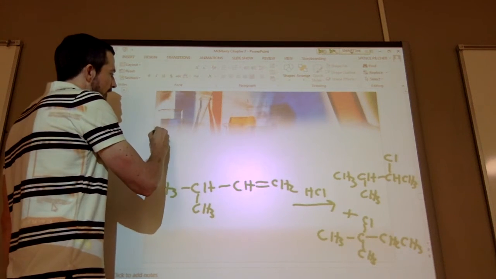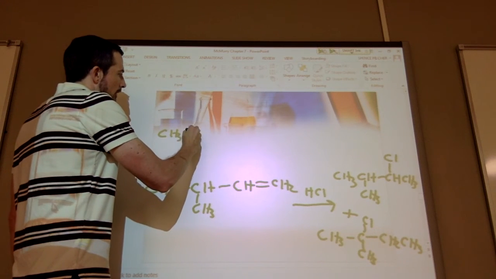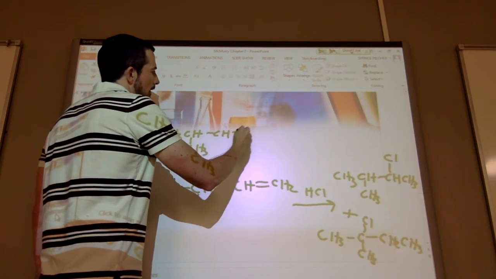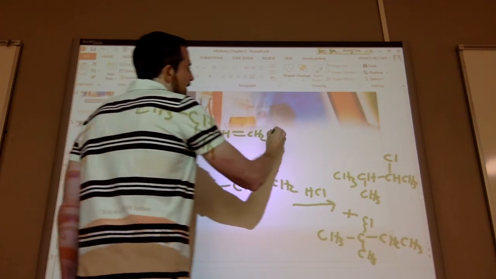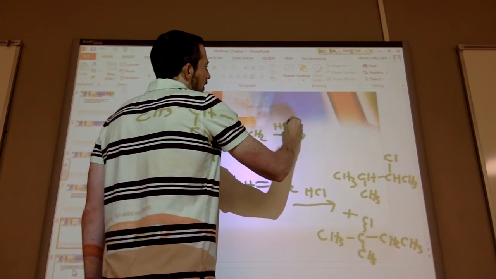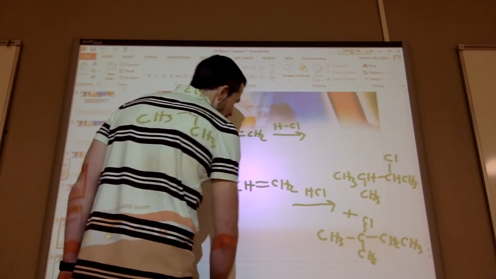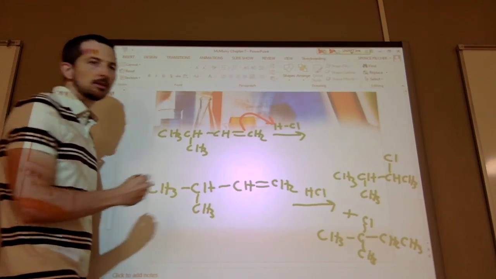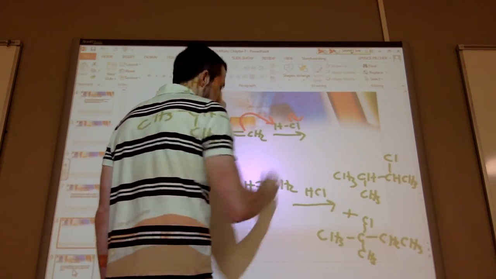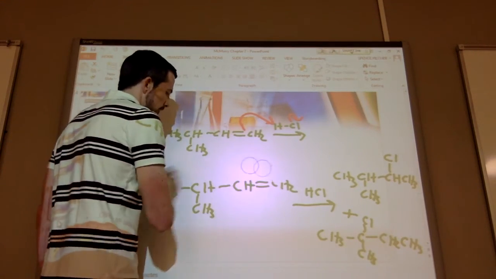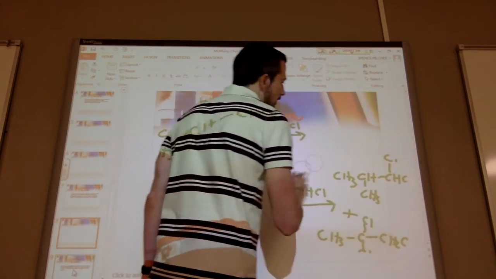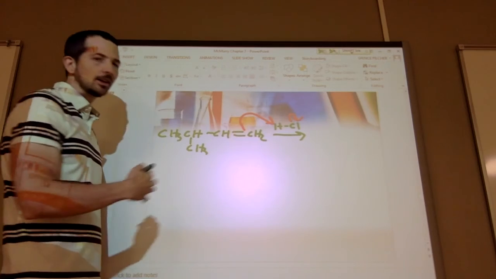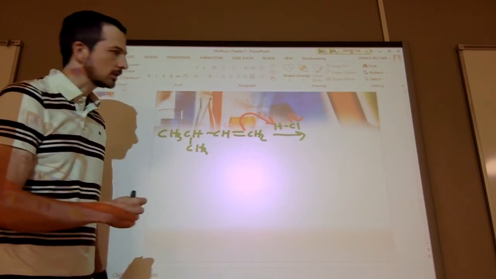I'm just going to redraw this. So I know my mechanism. Hydrogen adds to the least substituted, positive charge to the most substituted.